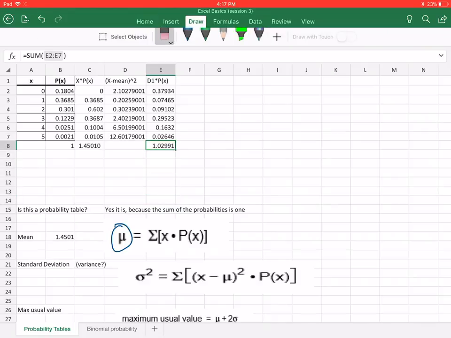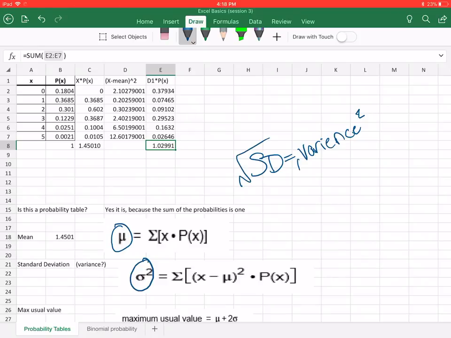So remember that when we learned about all of this, we learned that this symbol here is the standard deviation, but standard deviation is equal to the square root of the variance. So to find standard deviation, we would need to square root the variance.